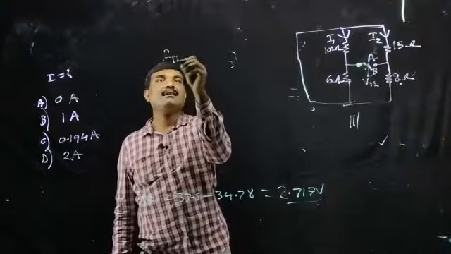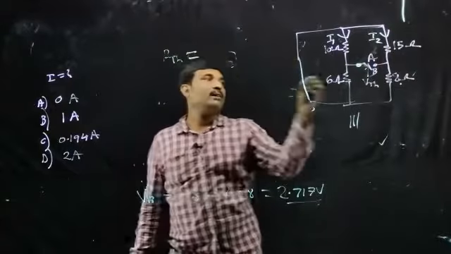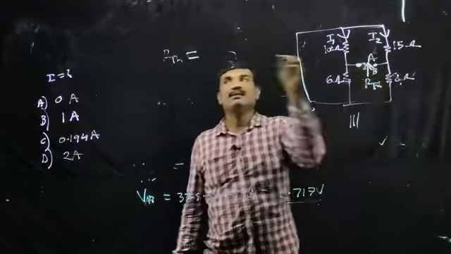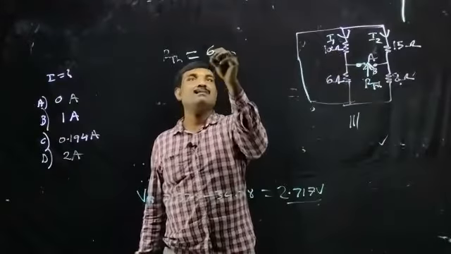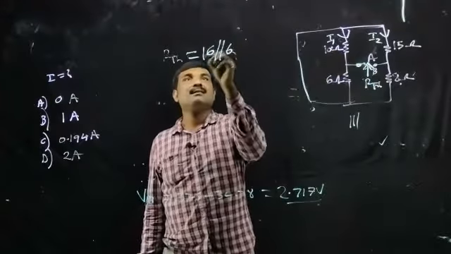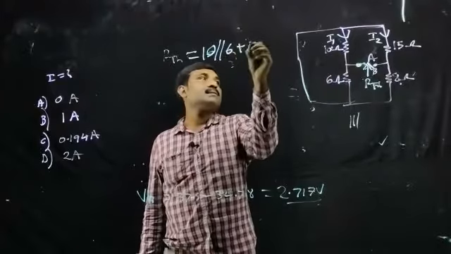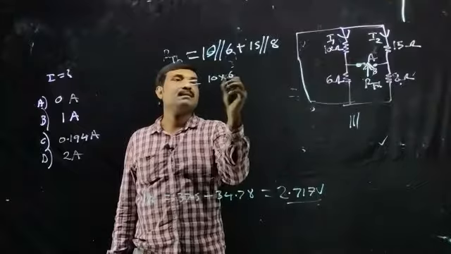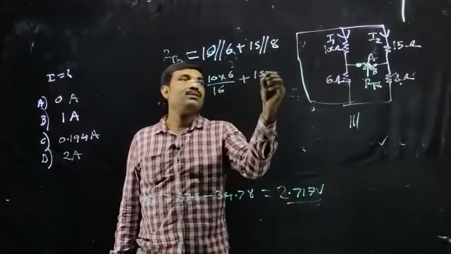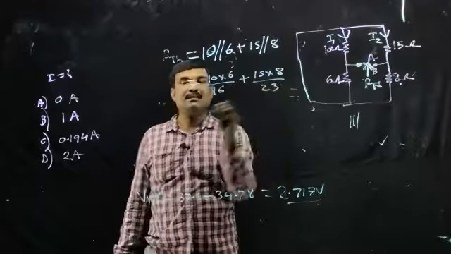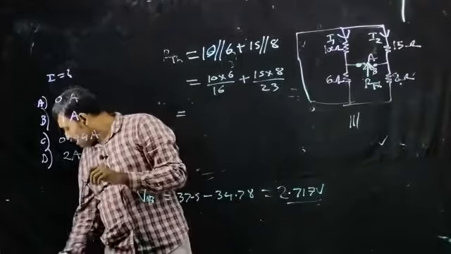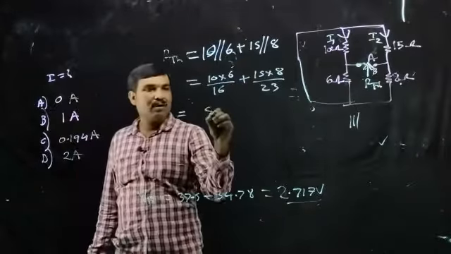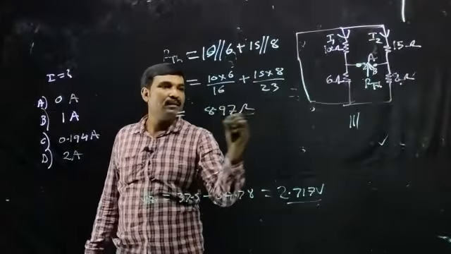So we can write RTH, evaluated with respect to this terminal, is 10 parallel with 6 plus 15 parallel with 8. This is equal to 10 into 6 by 16 plus 15 into 8 by 23. The numerical value is 8.974. You can calculate this.